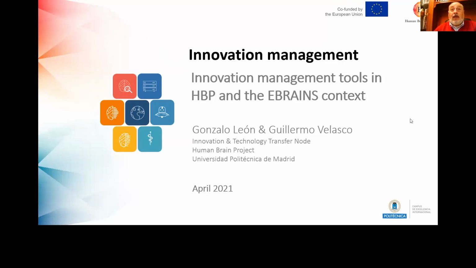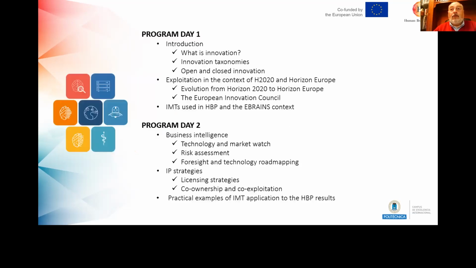We will start today with the, let me move to the next one. That is 2 days. Today, we will explain at the very beginning the general concepts about innovation, innovation taxonomies, and open and closed innovation, which are the basis to understand the situation we have.